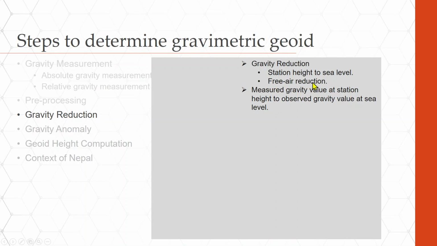We apply a free air reduction, and the result of the gravity reduction, or free air reduction, is that the measured gravity value at station height is converted to a gravity value at sea level, and that gravity value is termed the observed gravity value.